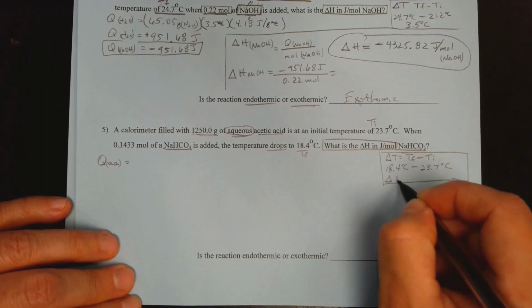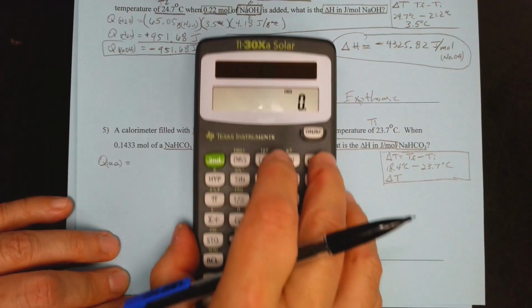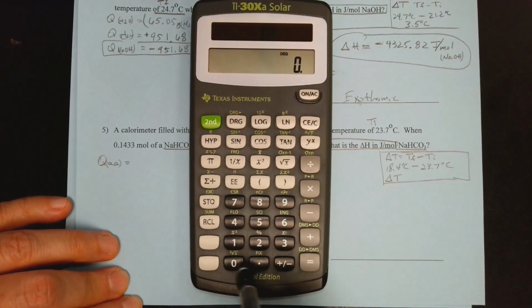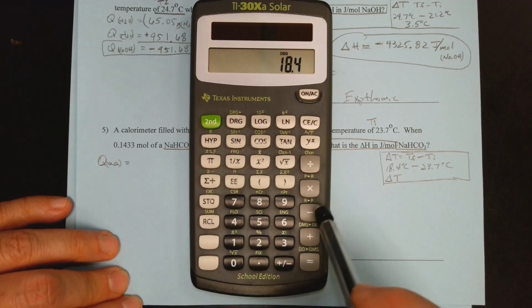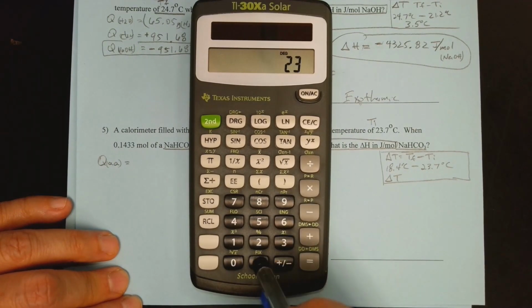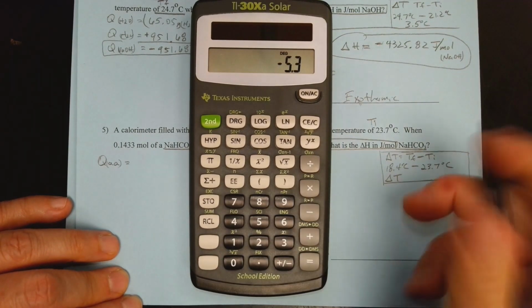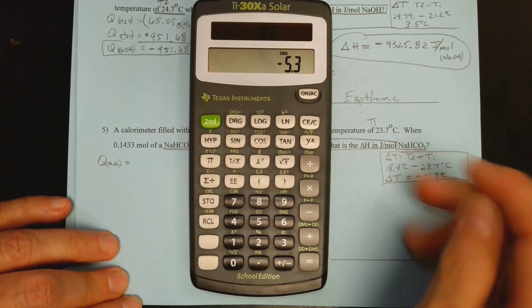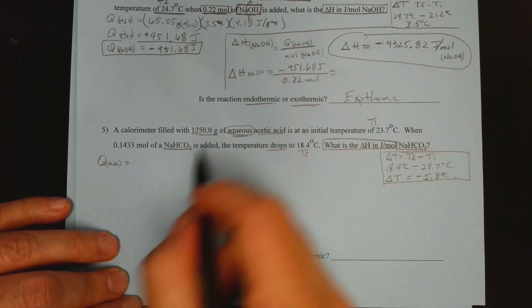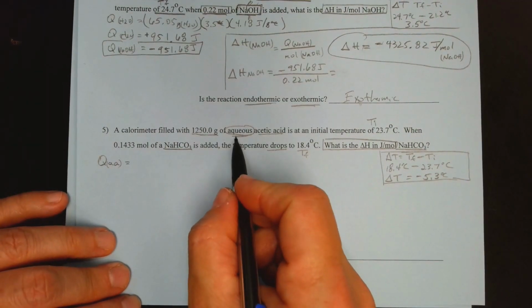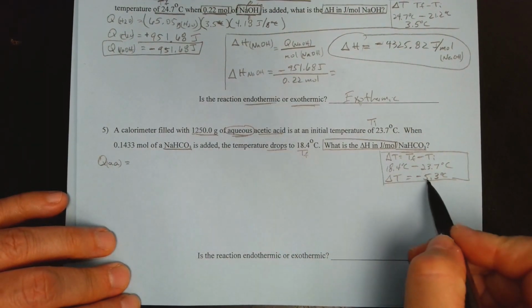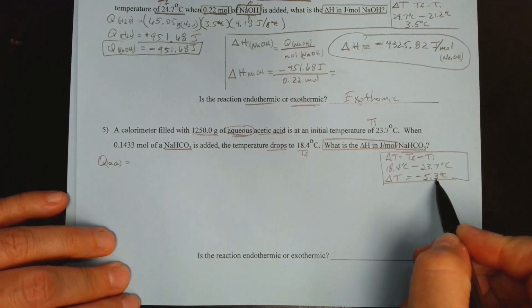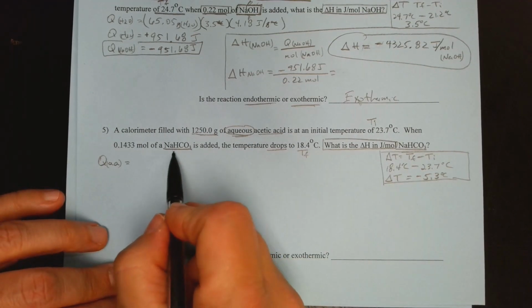So 18.4 minus 23.7 equals negative 5.3 degrees Celsius, which means the temperature of my aqueous acetic acid dropped 5.3 degrees when we added this substance.